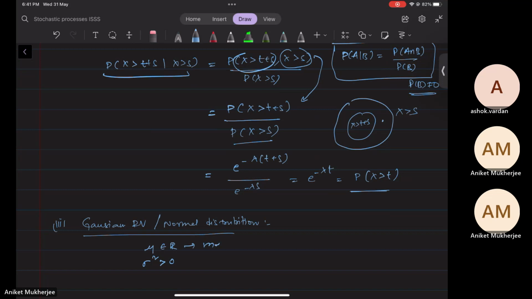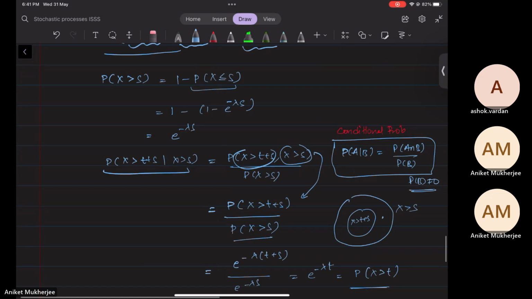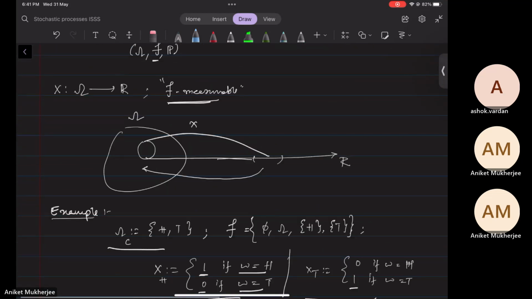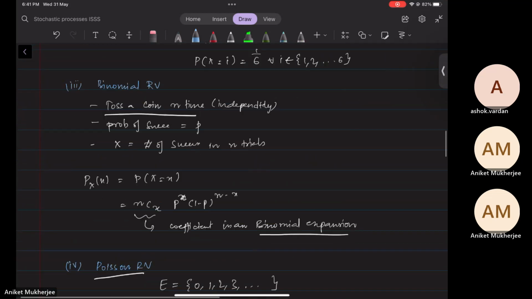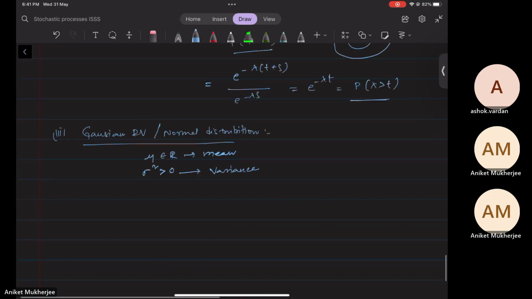So this is the mean, and this is the variance. The density function of a Gaussian random variable is given by 1 over root 2 pi sigma squared, times e to the power of minus (x minus mu) whole squared over 2 sigma squared, for all x belonging to R.